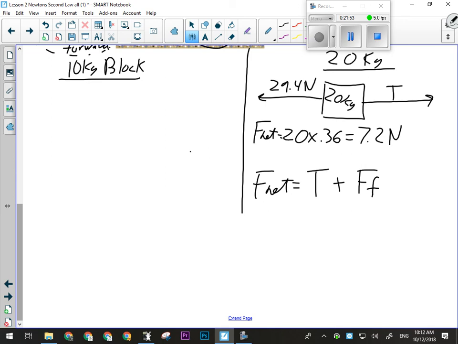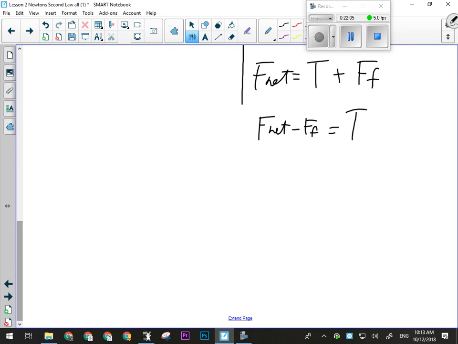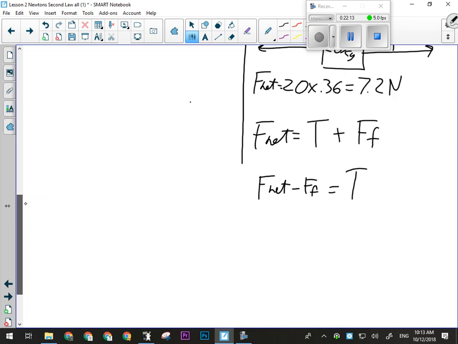All right, so I'm trying to find the tension, so I'm going to bring friction over. So I'm going to have F net minus the force of friction, which is negative because it's backwards, equals tension. Sorry, that was the friction, 29.4. Okay, our net force was 7.2, right? Yeah, 7.2.